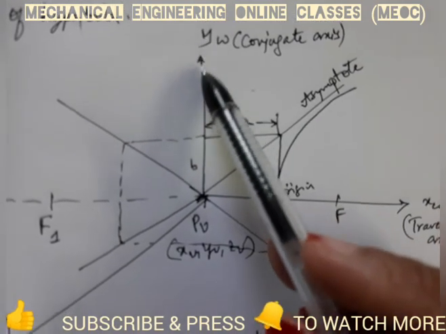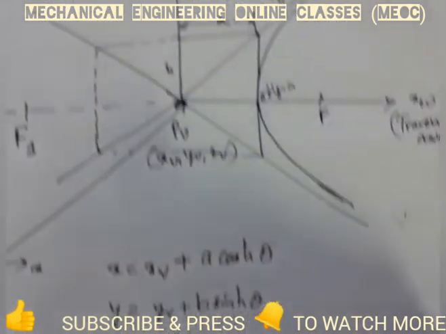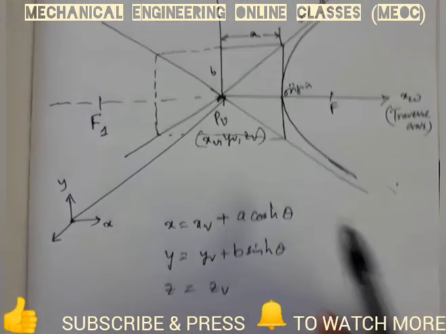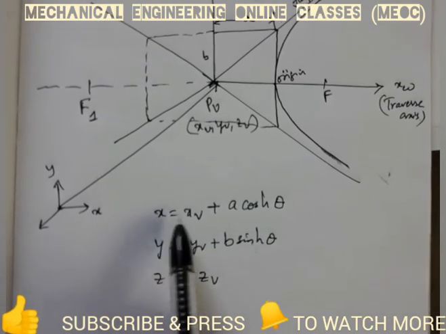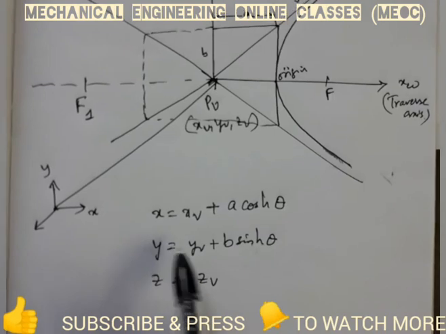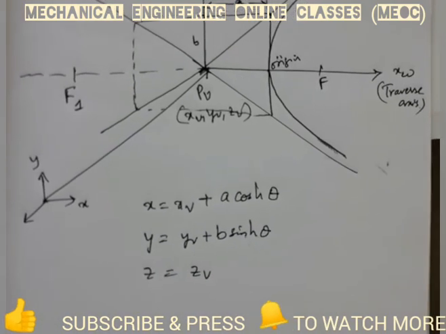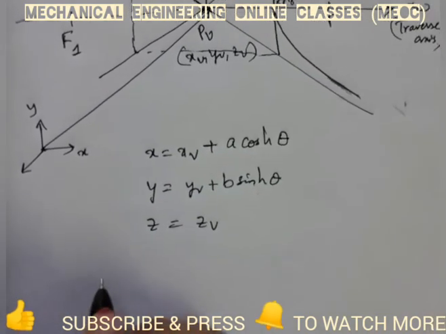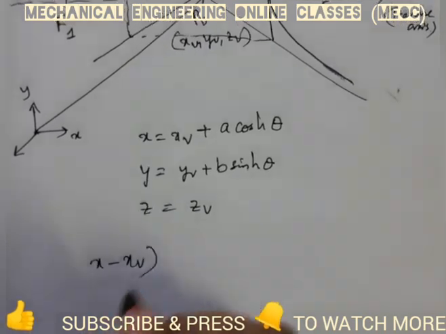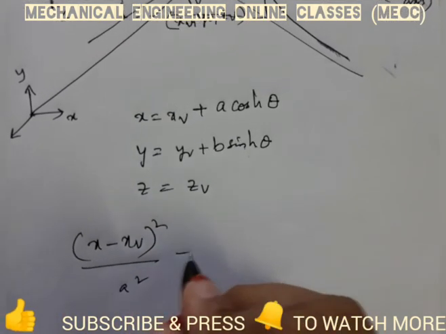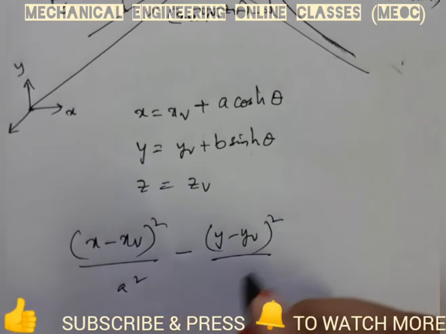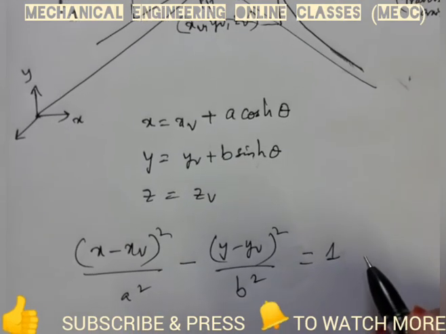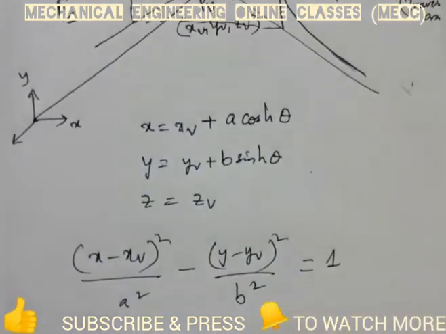The y in the sense of the conjugate axis. So this is the parametric representation of hyperbola. In place of theta we can use u also. It will be x is equal to xv plus a cosh u, y is equal to yv plus b sinh u, and z is zv. Whereas the non-parametric representation or the implicit equation of hyperbola can be given as x minus xv whole square by a square minus y minus yv whole square by b square is equal to 1. So this is the implicit non-parametric expression of hyperbola and this is the parametric form of hyperbola.